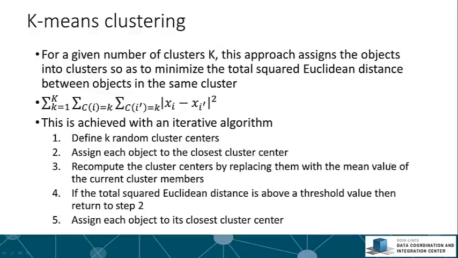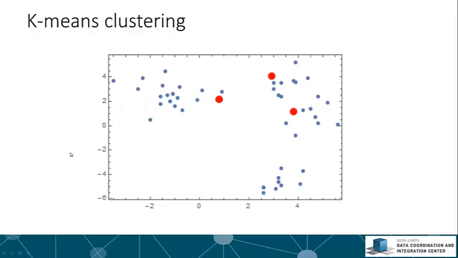Now I can make this a little bit clearer with some images. Okay, let's go back to our point objects from the beginning. So here's our two-dimensional space, and we have our 50 points, and these are our objects. And let's say we have some reason to believe that we have 3 clusters.